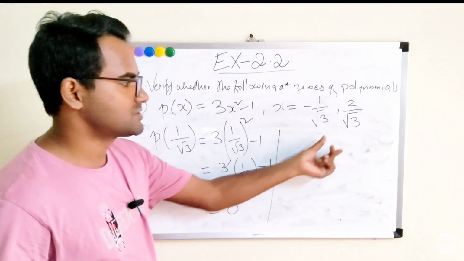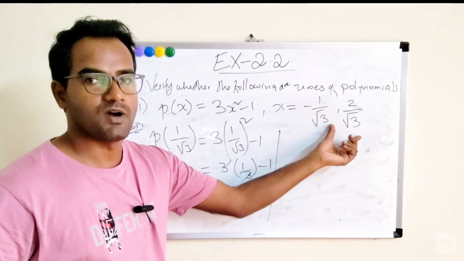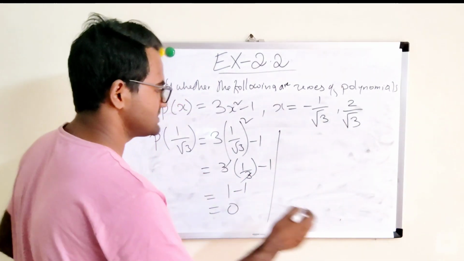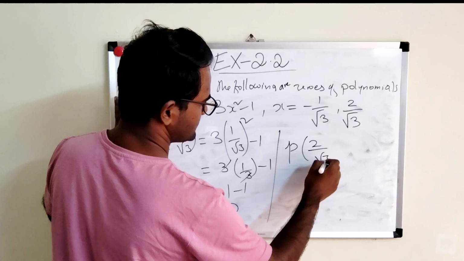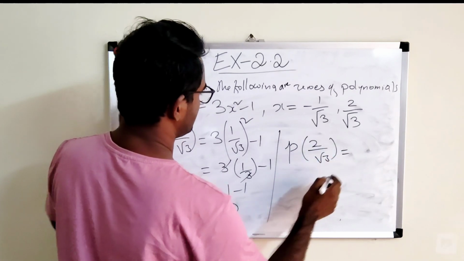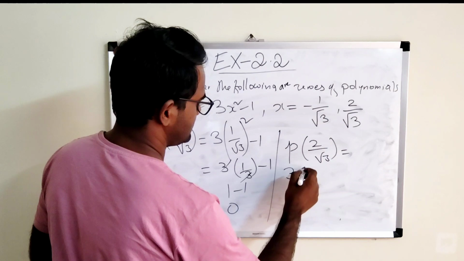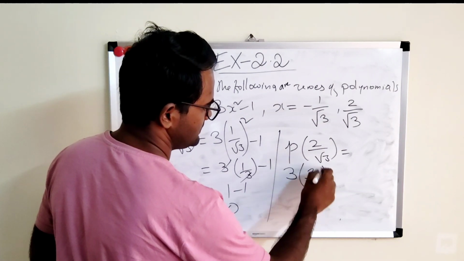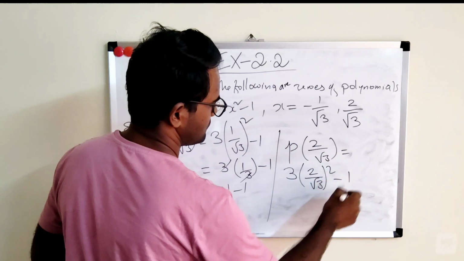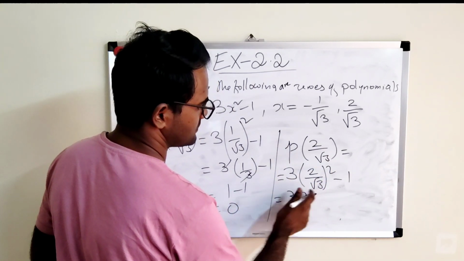Now we will put x equal to 2 by root 3. So let us see. P of 2 by root 3 equals what? This 3, then in place of x we will write 2 over root 3 whole square, minus 1.